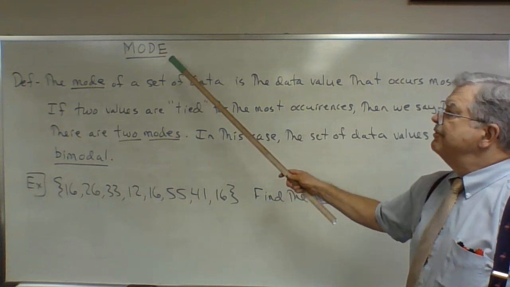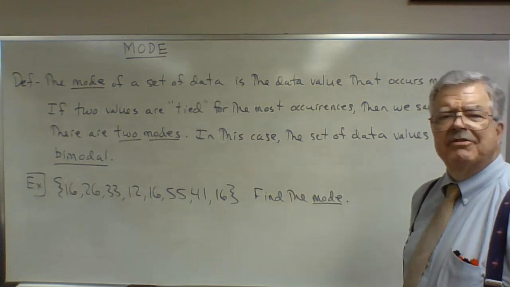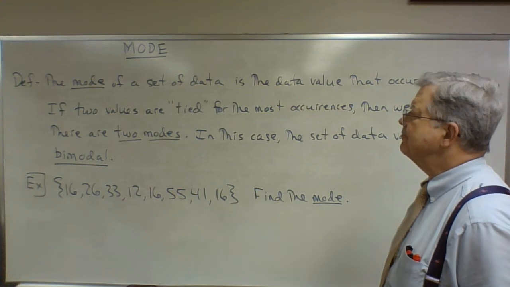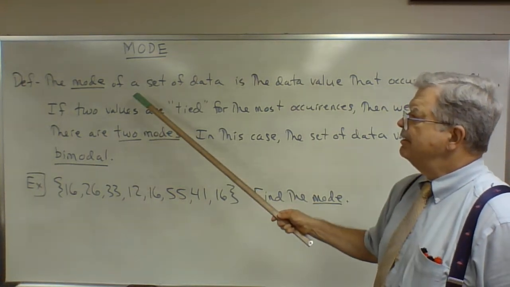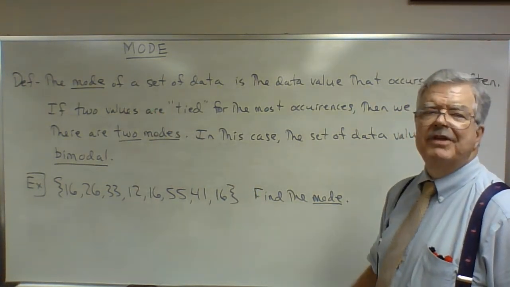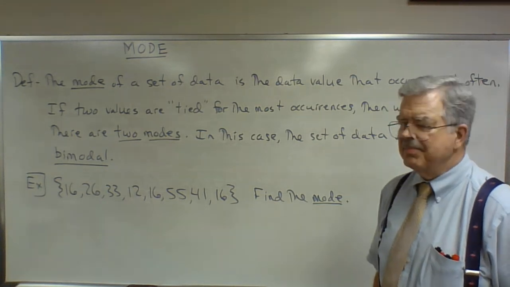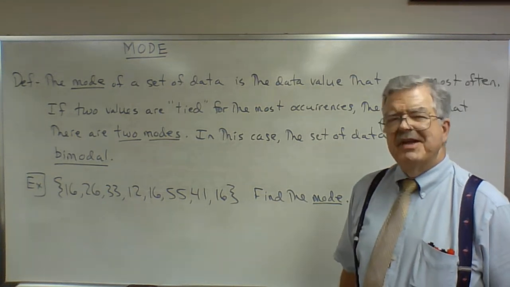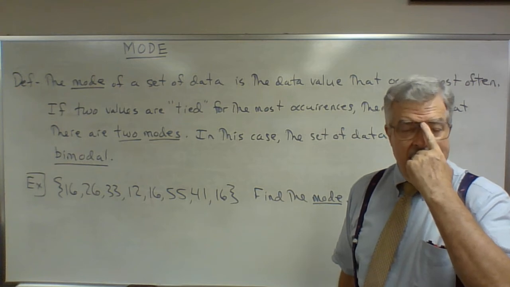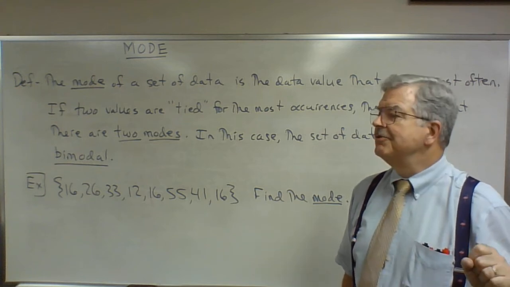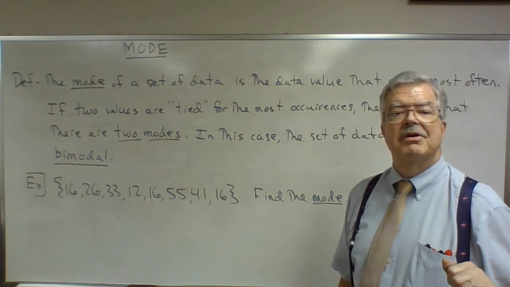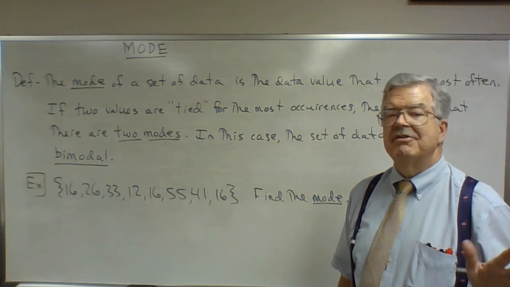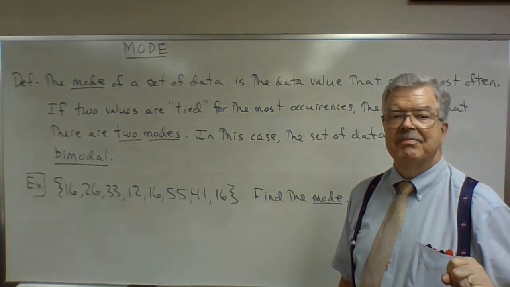The third measure of what's average or what's typical is the mode. We're going to be computing the mode of sets of numerical data. I think in practice, the mode is mainly used to determine what's average or typical if we have data that's not numerical.